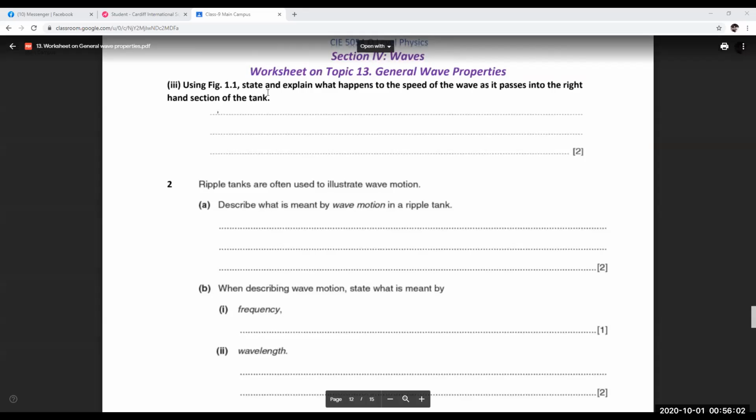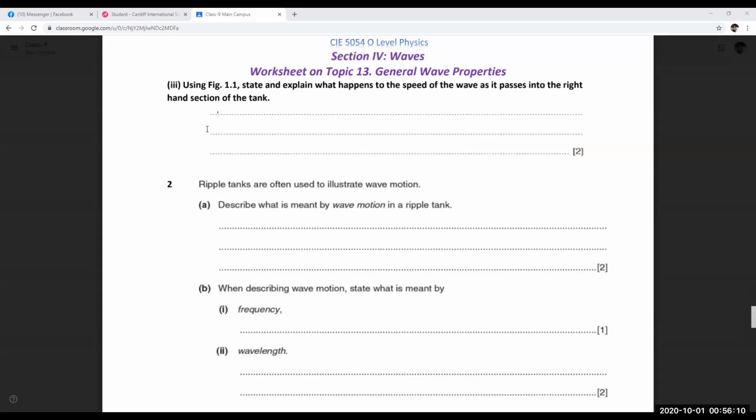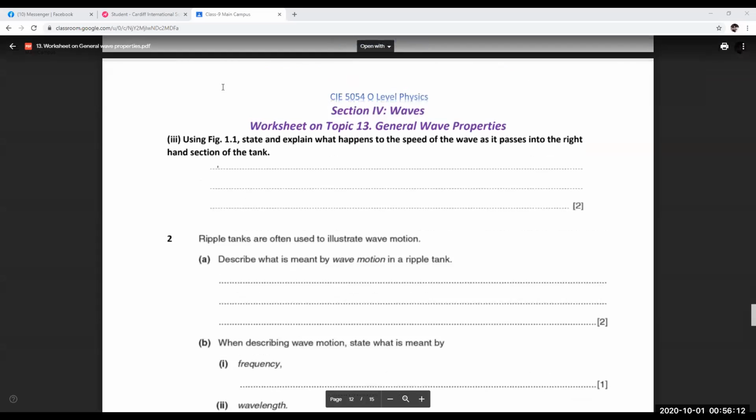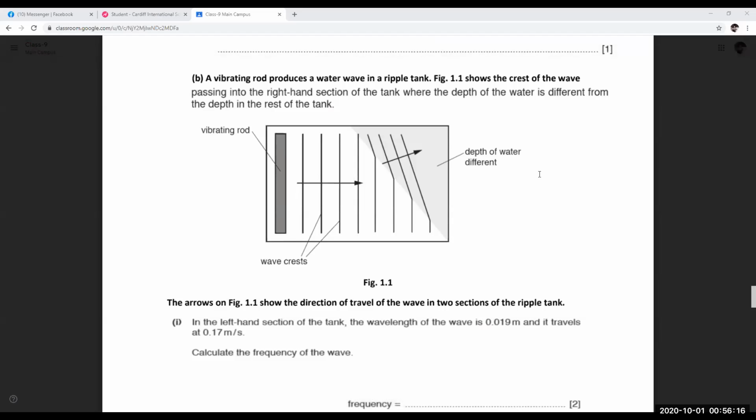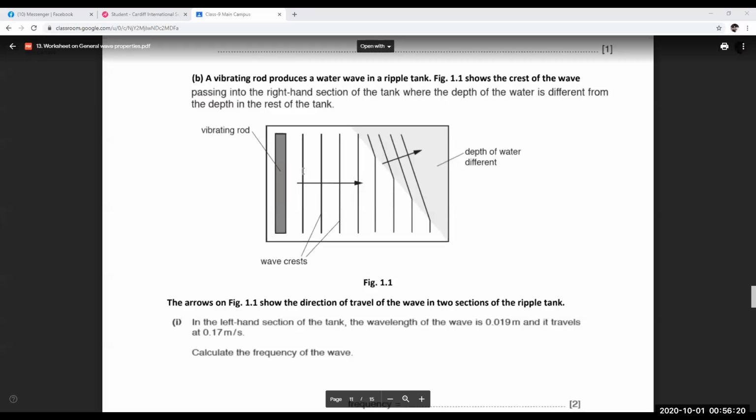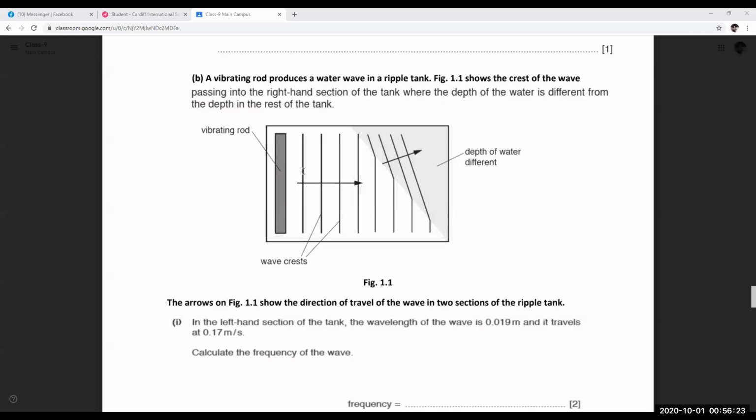Using figure 1.1, explain what happens to the speed of the wave as it passes into the right-hand section of the tank. Okay, go to the diagram. What will be the speed? They are asking us what will be the speed in the right-hand section. Can anyone answer?